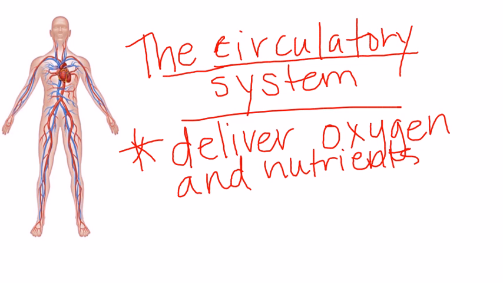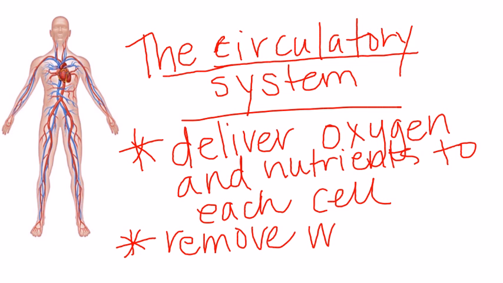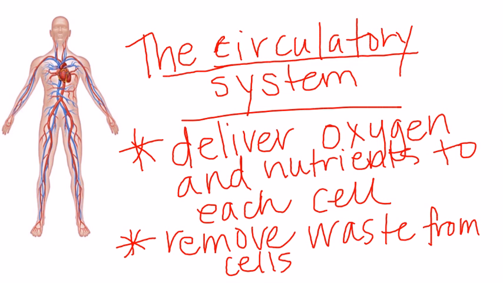So every single cell in your body is going to receive oxygen and nutrients. The second function is, as it is dropping off this oxygen, the circulatory system will also pick up and remove waste from the cells. And that waste is going to be carbon dioxide.